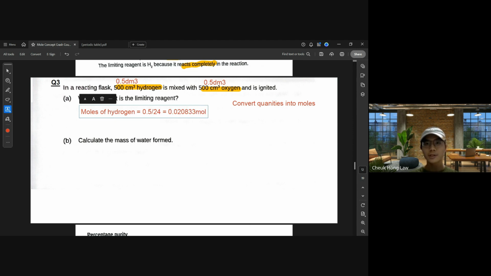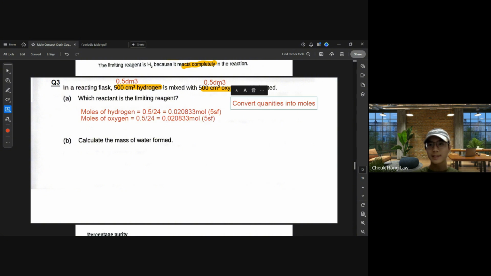Usually for intermediate steps, I'll leave my answer to 5 SF so that I have more accurate values to work with. Moles of oxygen is the same thing, 0.5 divided by 24, again to 5 SF. So both of them have the same number of moles.